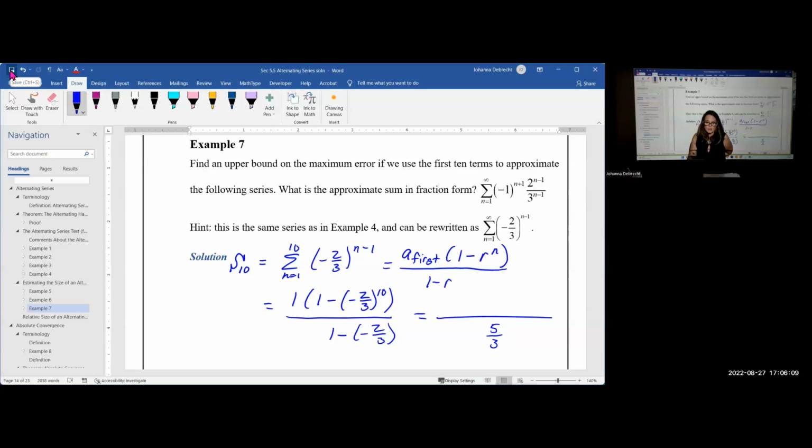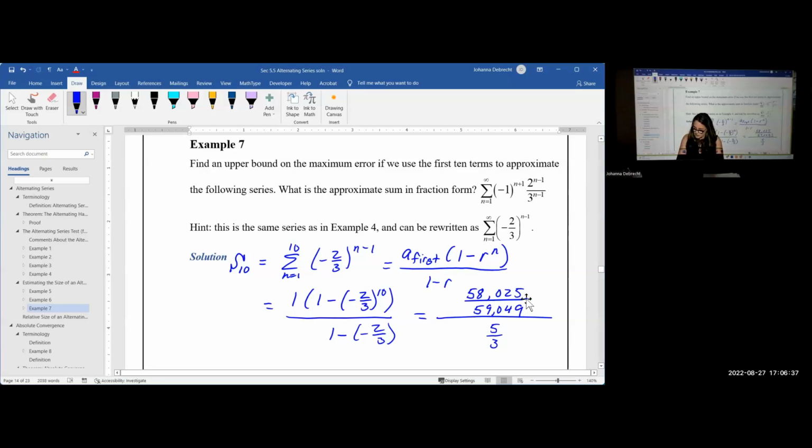You can take your calculator and figure out what that comes out to be. If you get it written down correctly, you should end up with 58,025 divided by 59,049 in the numerator. Hopefully I did that correctly in my notes.